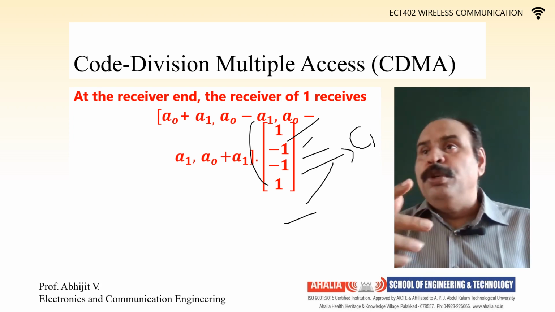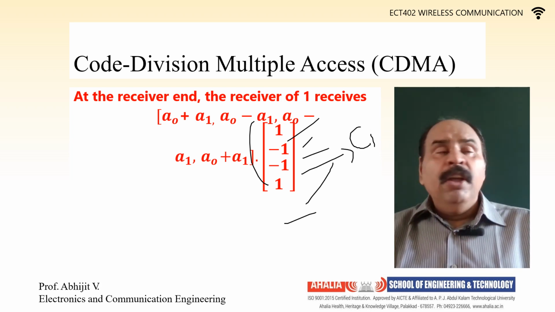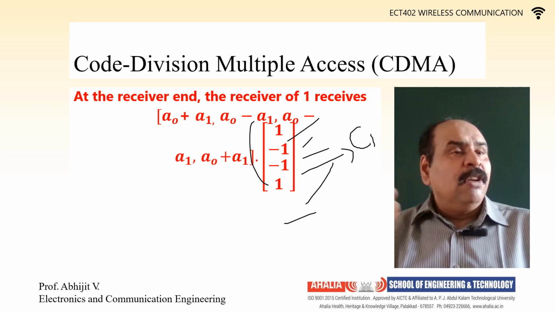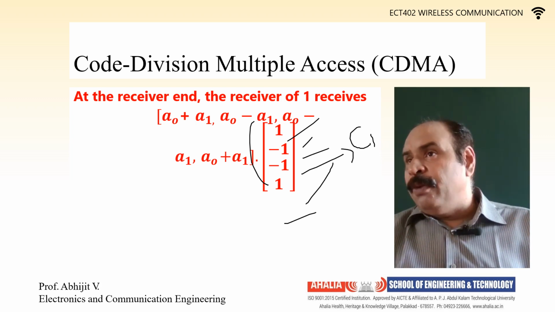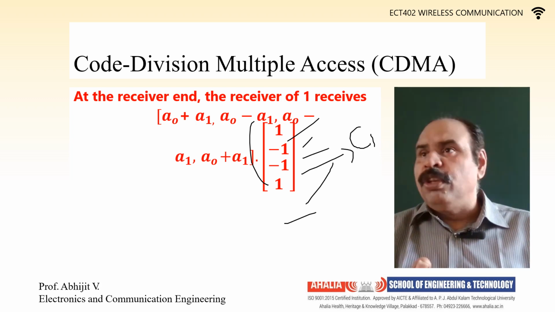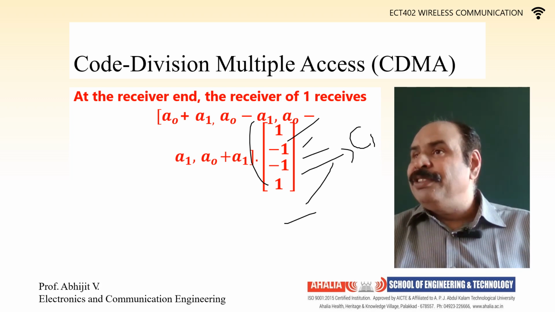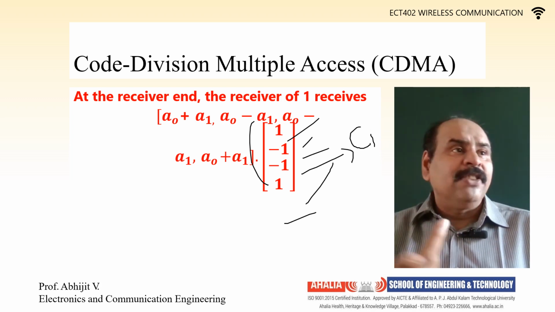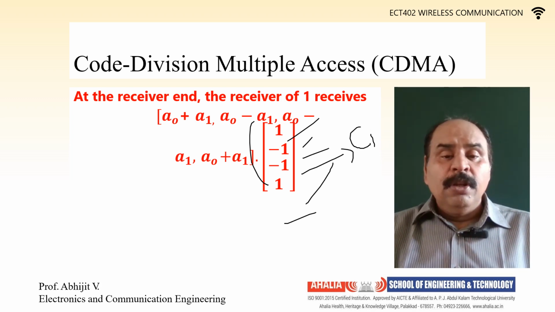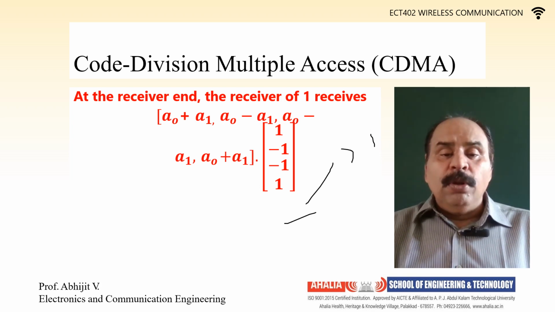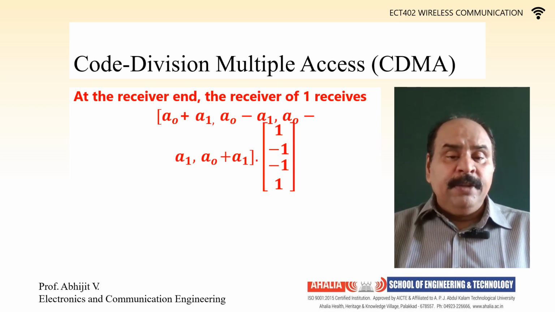Now what happens when you add both these things? In the previous receivers, when A1 got cancelled and became 0, here A0 gets cancelled and becomes 0. And the value you will be getting is for A1, right?